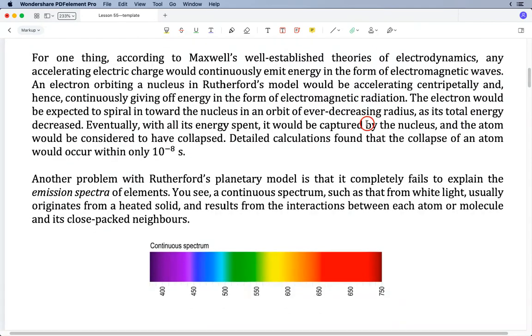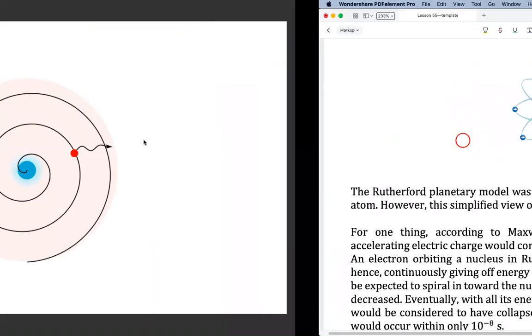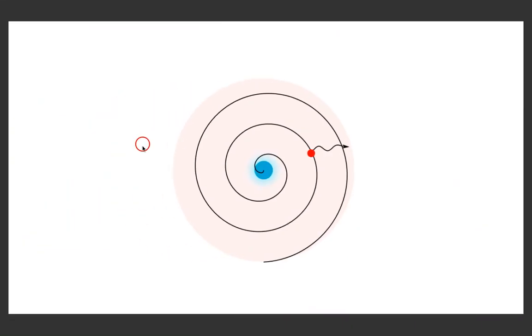And so, if this model was actually taken seriously, and we actually viewed the atom to simply be a positively charged nucleus with electrons orbiting around it, this is what would happen. You would basically have an electron that loses energy in the form of electromagnetic waves.